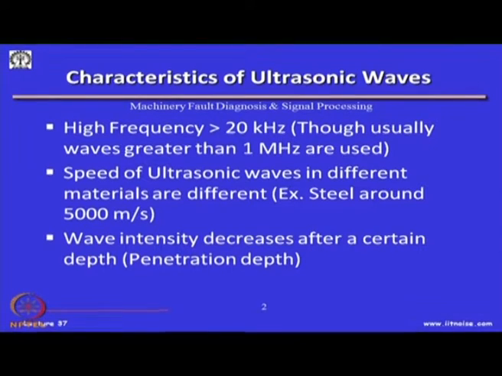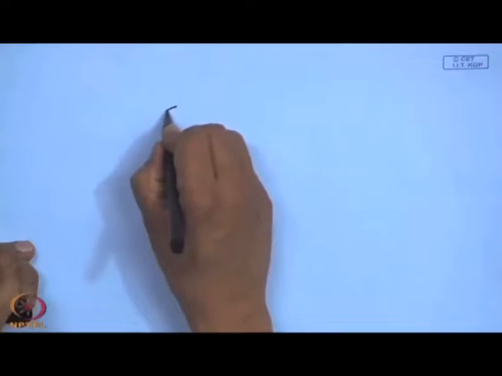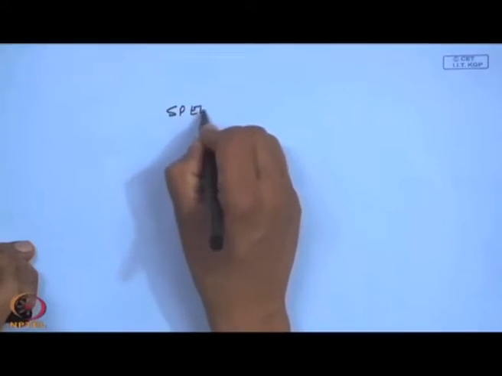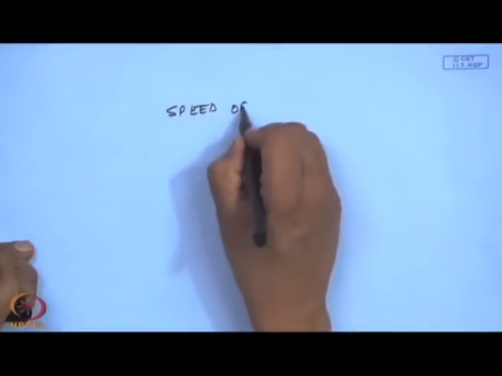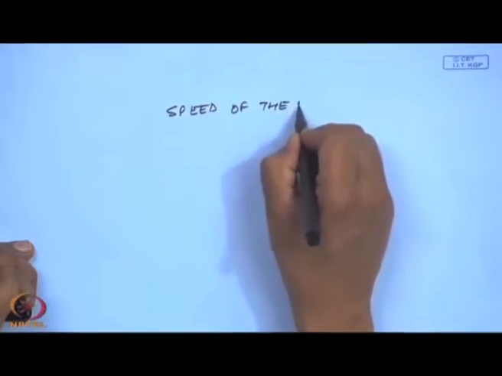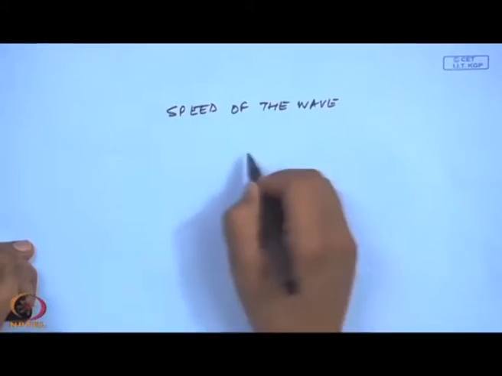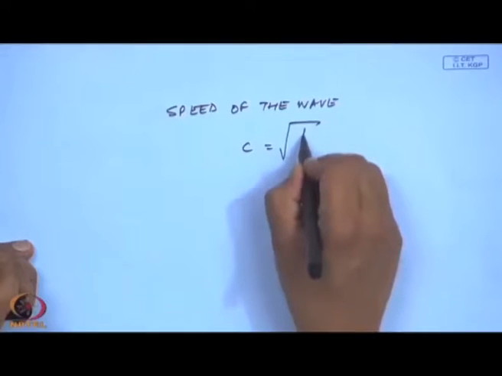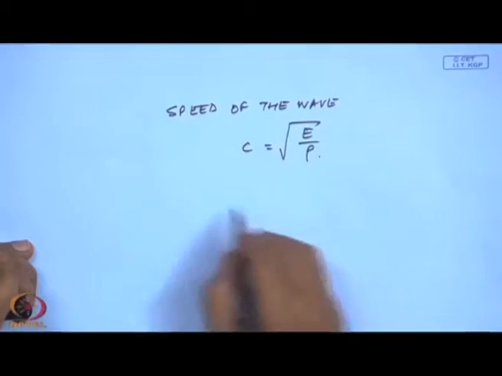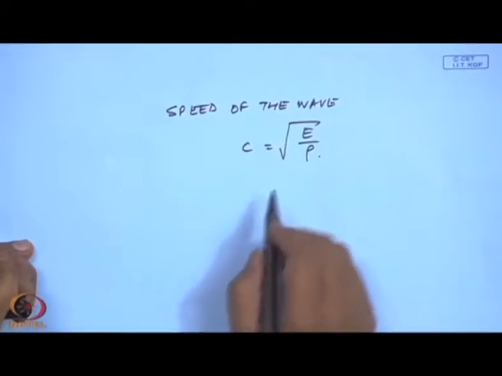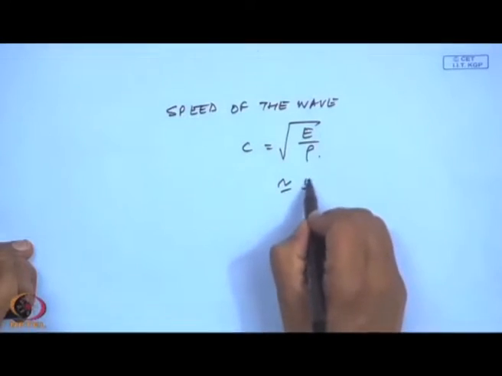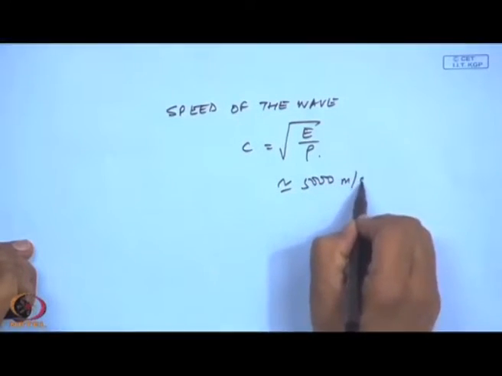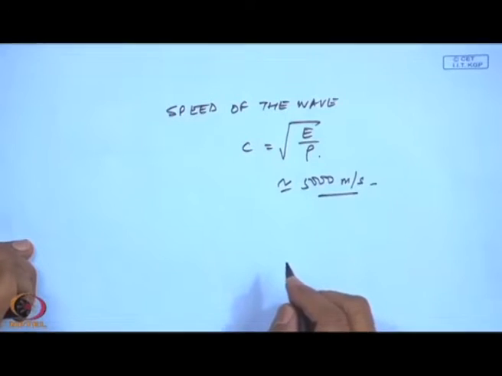Another important principle of ultrasonic waves is that the speed of the wave is dependent on the material property. Okay. So, for example, in steel, the speed of sound is about 5000 meters per second. So, one needs to know the different speeds of ultrasonic sound waves in a material.